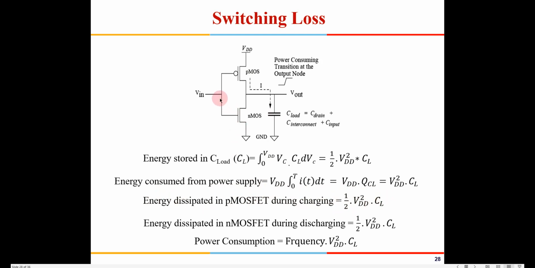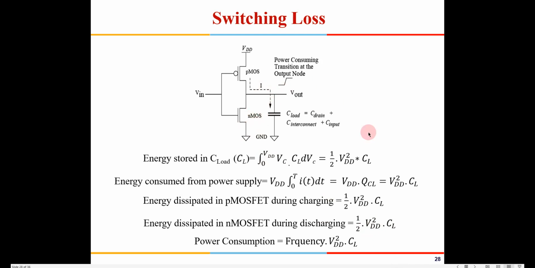Similarly, when the input changes from 0 to 1, the output has to change from 1 to 0. The half VDD square CL energy stored in the capacitor gets discharged through this NMOS, which pulls the voltage down to 0. In that process, half VDD square CL energy is dissipated as heat in this NMOS also.